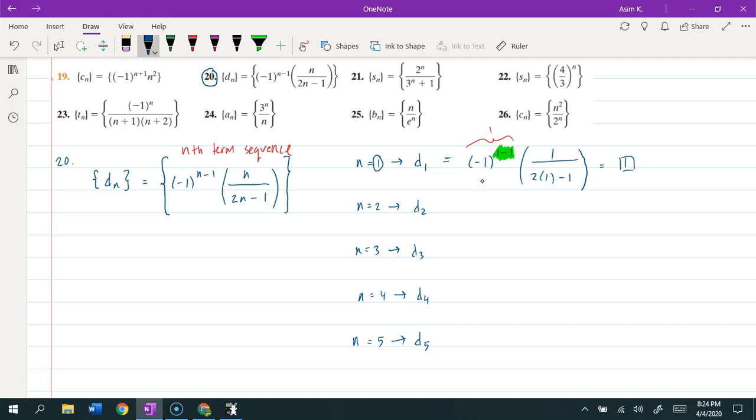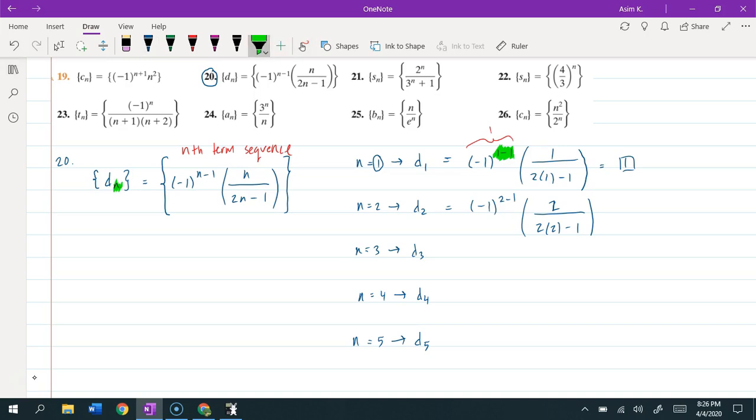Okay? All right, now let's put in the next term over here. So we have negative 1 to the power of n minus 1, so 2 minus 1, and then that's multiplied by 2 over 2 times 2 minus 1. Notice that as the n value is changing, it's just like plugging into a formula.